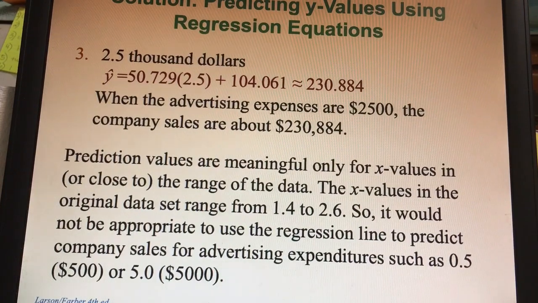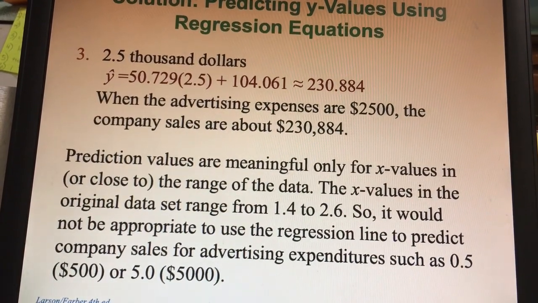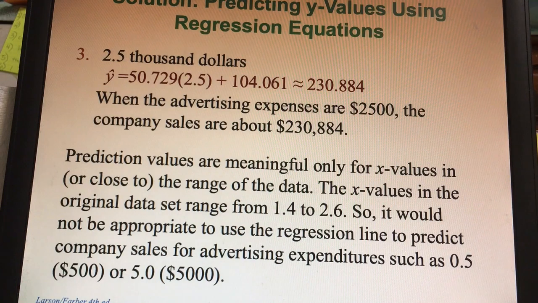Prediction values are meaningful only for x values in or close to the range of data. The x values in the original data set range from 1.4 to 2.6. So it would not be appropriate to use the regression line to predict company sales for advertising expenses such as 0.5 or 5.0.